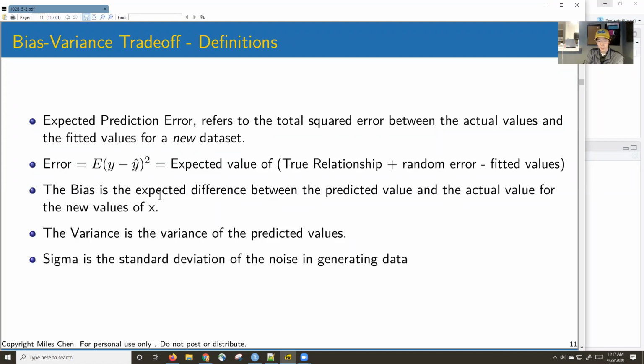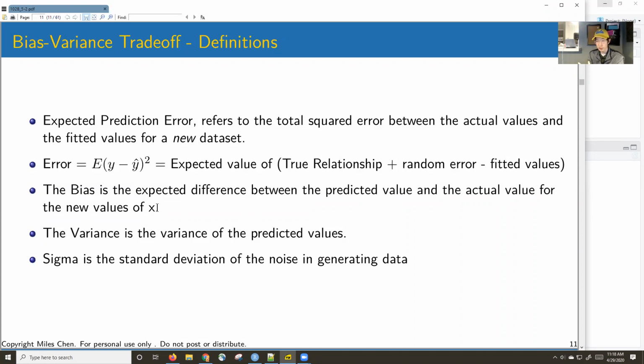The bias is the expected difference between the predicted values and the actual value for new values of x. We want to know, for new values of x, what the difference between the predicted and actual values is going to be.